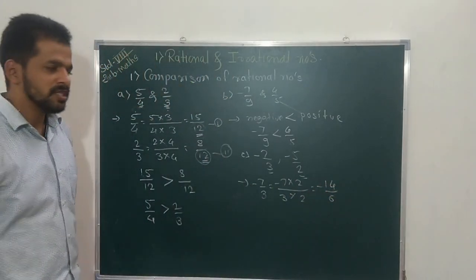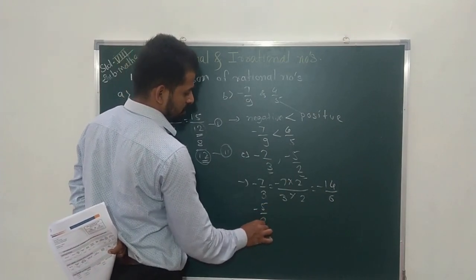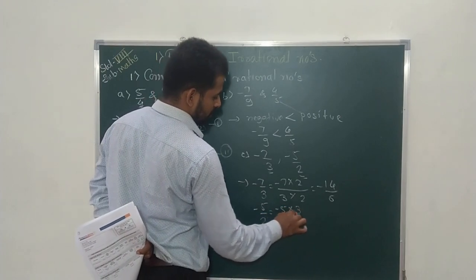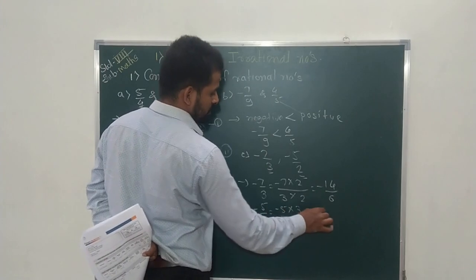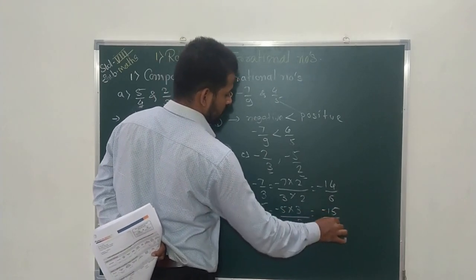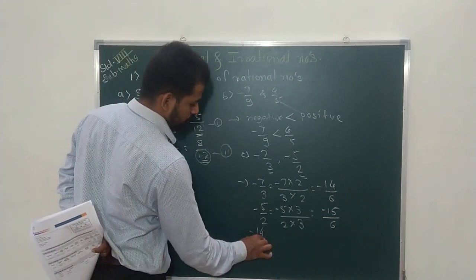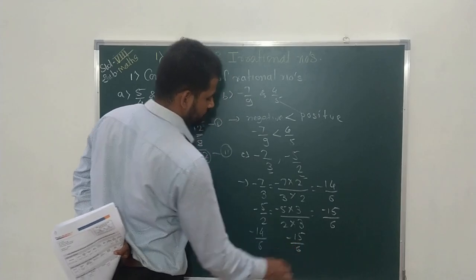For the second rational number, multiply by 3: minus 5 multiplied by 3 upon 2 multiplied by 3, that is minus 15 upon 6. Now the denominator is the same: minus 14 upon 6 and minus 15 upon 6.